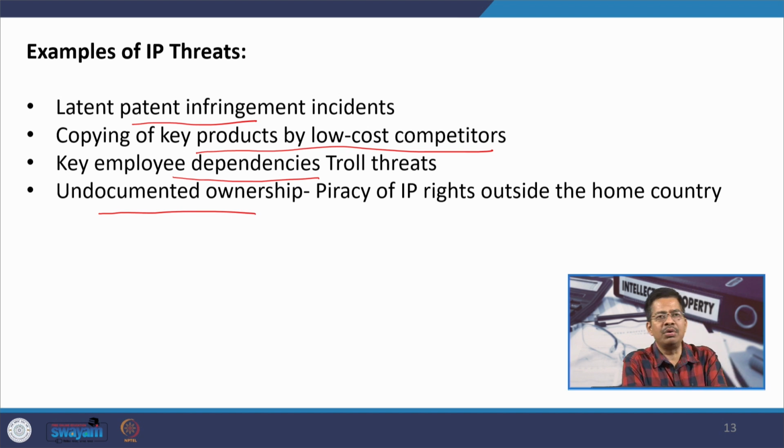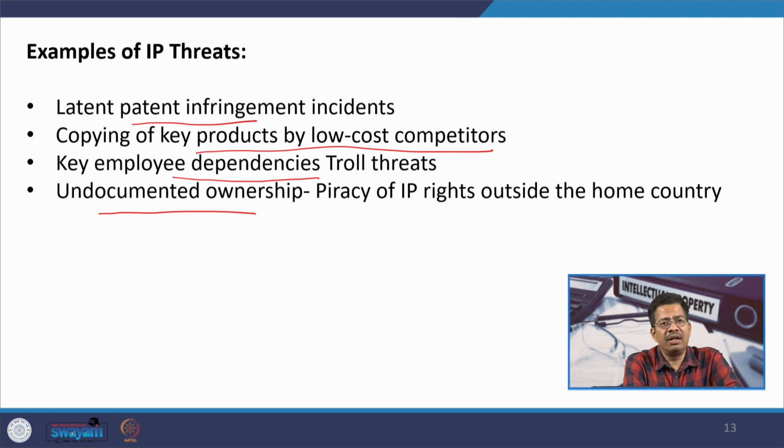You need to have properly documented ownership. If there is some intellectual property which is not properly documented and not properly registered, that is also a big threat, because you are inviting infringement of that type of IP. That is also a big challenge in our IP portfolio SWOT activity.